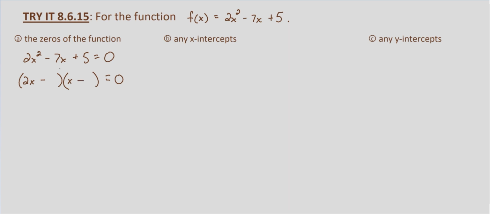And then it's just a matter of, does the 5 go with the 2x and the 1 go with x, or vice versa? In using trial and error, we would find that the 5 does go with the 2x, and then the 1 goes with the x.